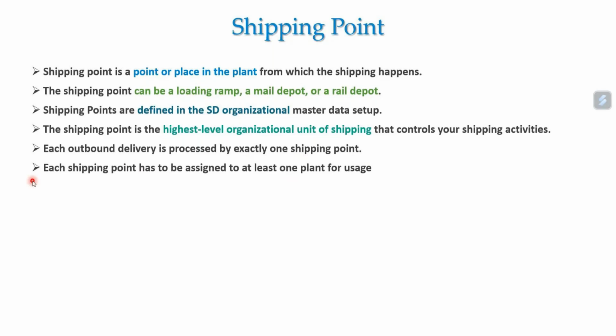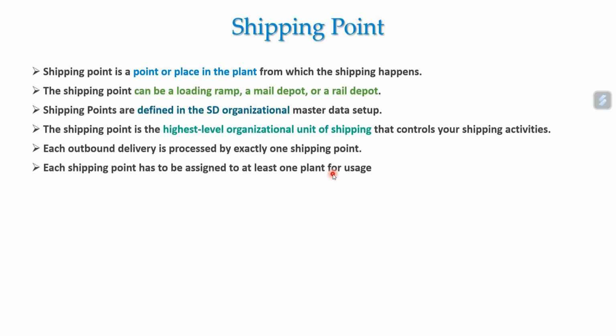And each shipping point has to be assigned to at least one plant. Okay, one shipping point has to be assigned to at least one plant. Two plants which are situated next to each other can have a common shipping point as well. Remember that.